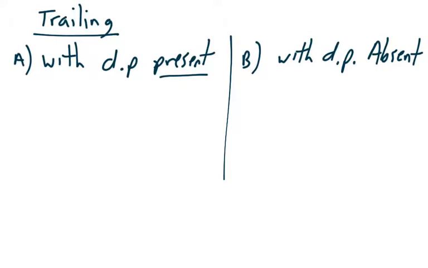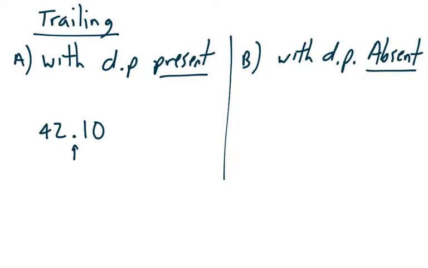These are two completely different rules. Let me show you. First, let's say I put 42.10. That zero is a trailing zero. Notice there's a decimal point. It's present. It's right there.